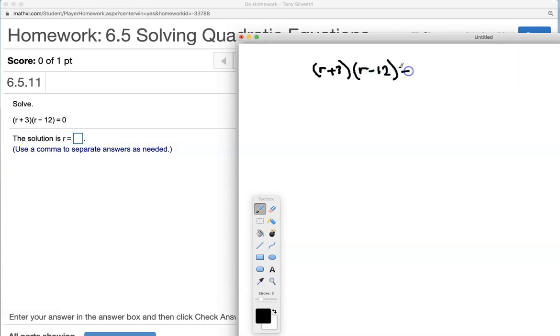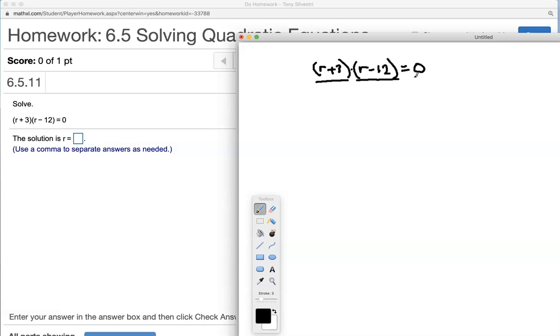Now, in the chapter, in your readings, or in the multimedia that comes with this section, they have this thing called the principle of 0. What the principle of 0 says is, here we have 2 things multiplied together, a factor multiplied by this factor, and you know that those 2 things multiplied together equal 0.